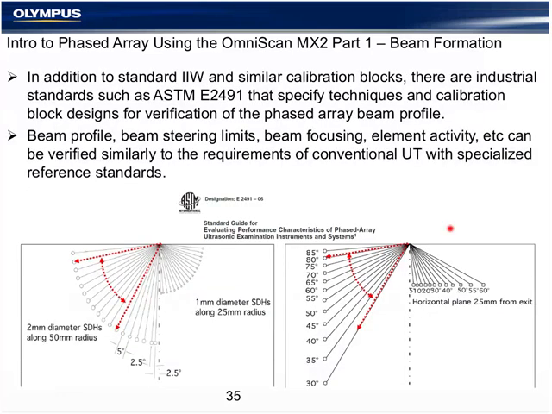When we use standard calibration blocks, designed for both conventional UT and phased array, for any given probe aperture, size, shape, and wedge, with a beam focus and angular resolution, we can look at standard calibration blocks and determine the useful working range of what any given probe and wedge is capable of.